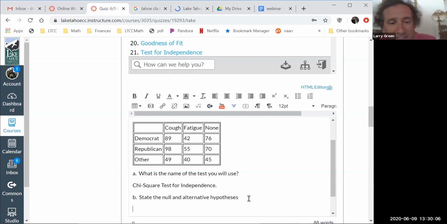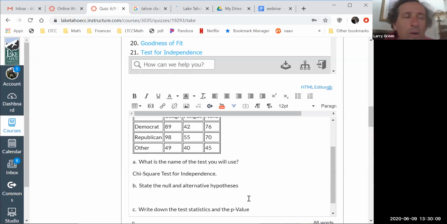Now state the null and alternative hypothesis. What word must be in the null hypothesis anytime you do this test?